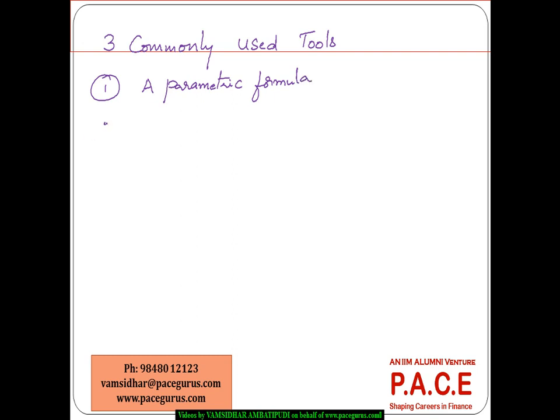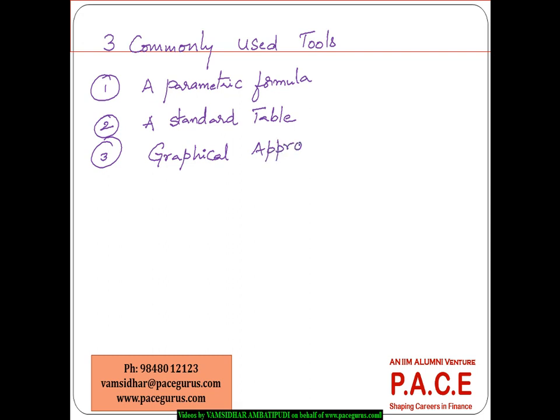Or we are referring to a standard table, a standard mortality table, or a national statistics table which might have already been published. I am referring to that particular table, or finally I can look at even a quick graphical approach to do the graduation.